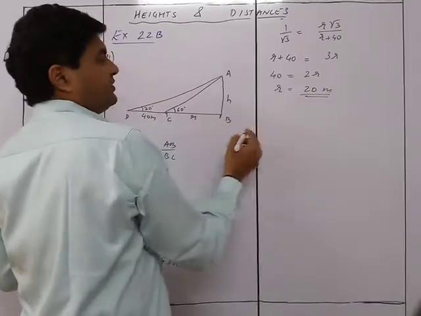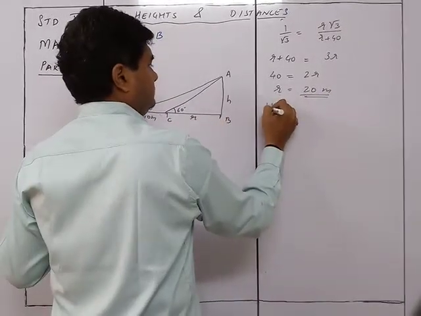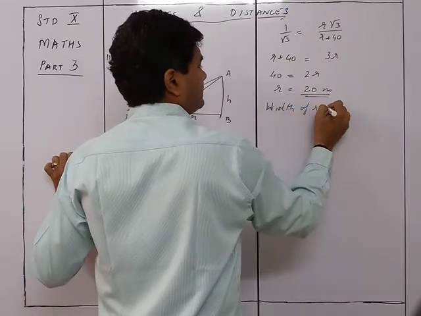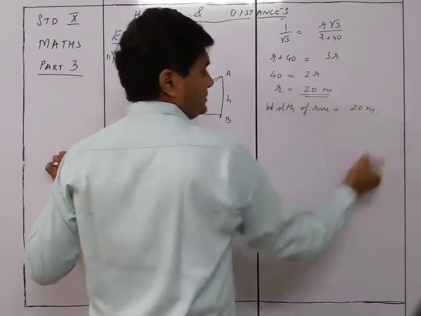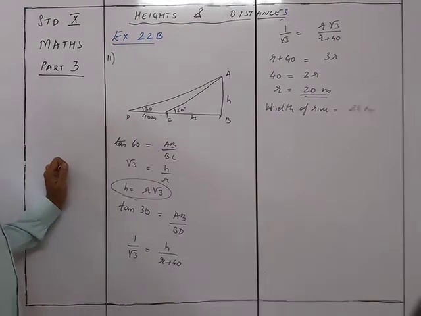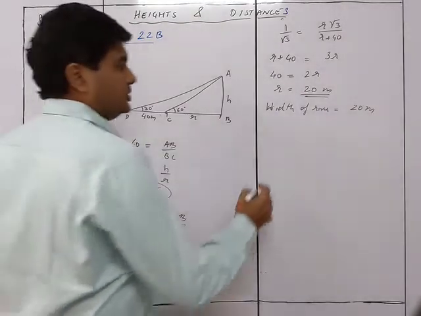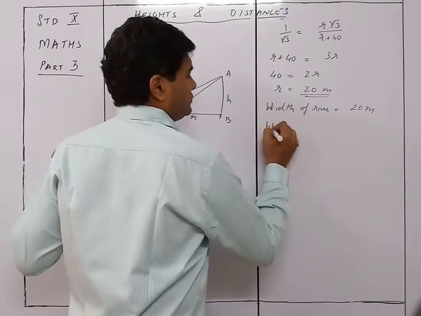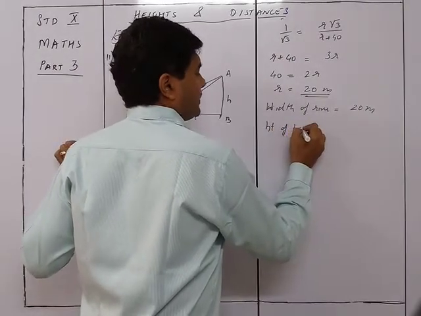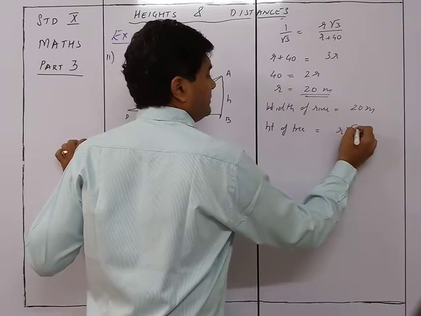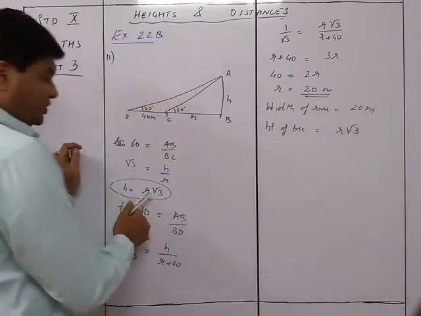Therefore, the width of the river is equals to 20 meters. We now move on to the height. It is H, root 3. So height of the tree is equals to R root 3 because of this.